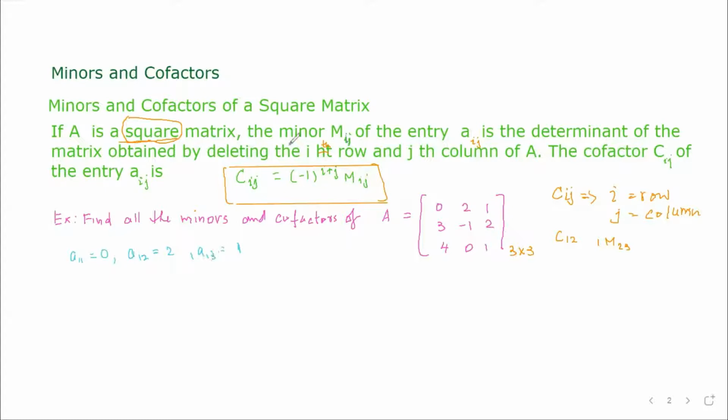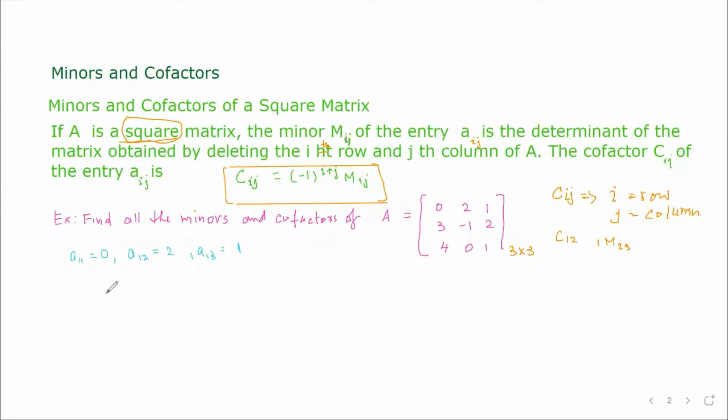Sometimes we can write this as the minor Mij of the entry A1. So Mij means this also, but let's see this example.